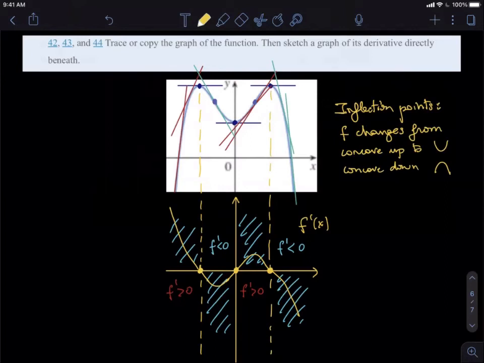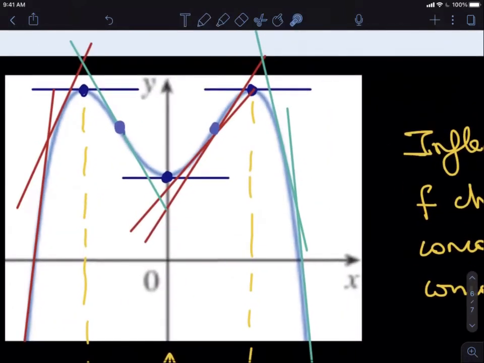And if you notice here, let's zoom in. Here the function is clearly bending upwards, and here on the right and also on the left, the function is bending downwards. So at this point precisely, we are changing from concave up to concave down. That is an inflection point. And the same happens here. We are changing from concave down to concave up.